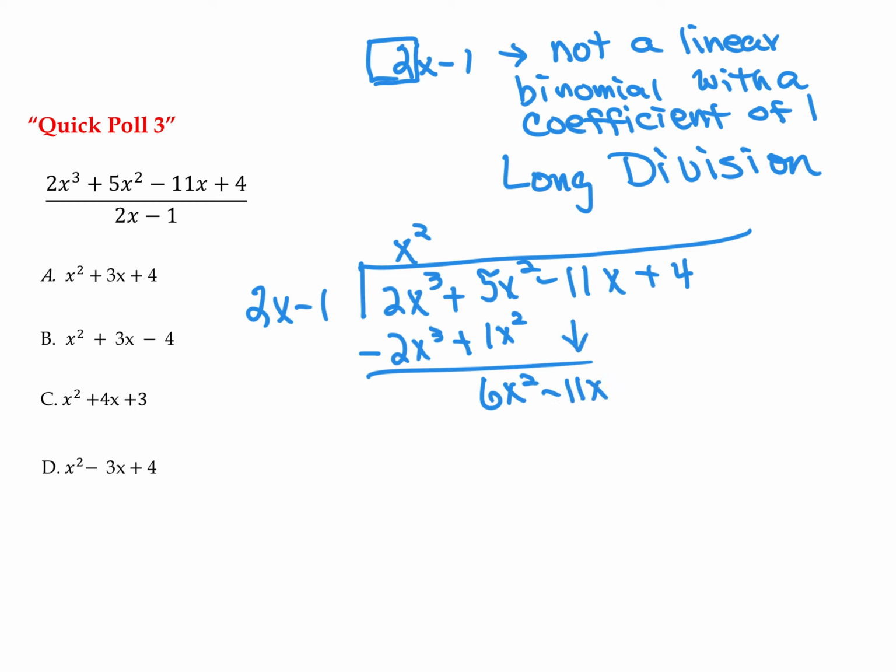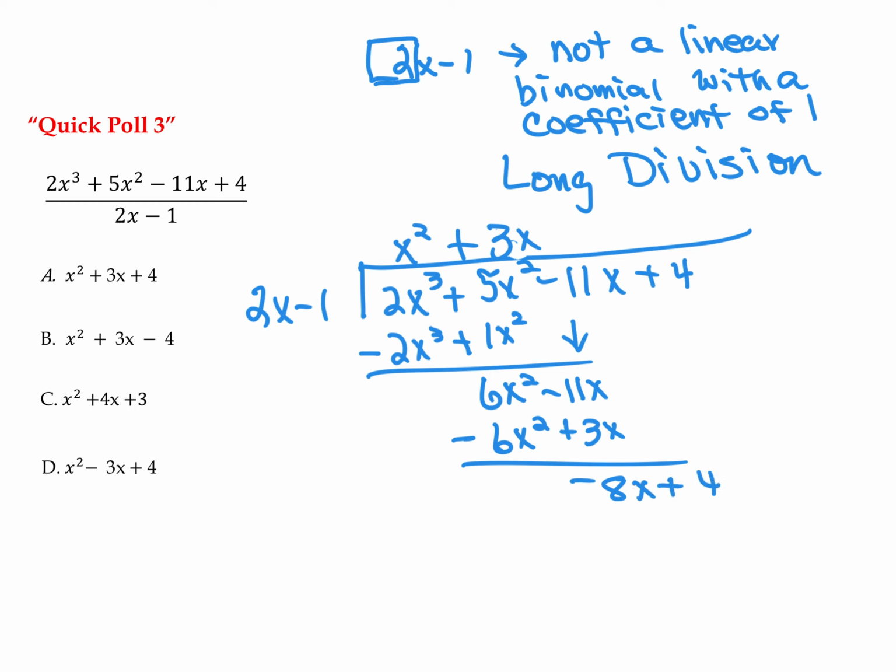All right, I now do 6x squared divided by 2x, which is going to be 3x. I'm going to multiply through and get 6x squared minus 3x. I subtract, becomes a minus and a plus, and I get negative 8x plus 4.